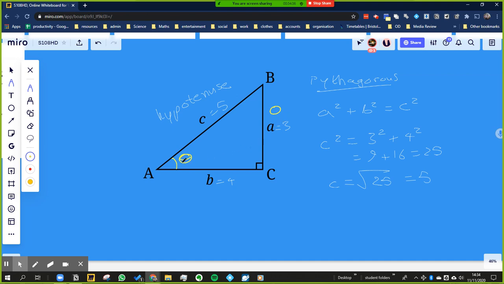O for opposite. Then the side that is next to the angle we refer to as A for adjacent, which simply means next to.